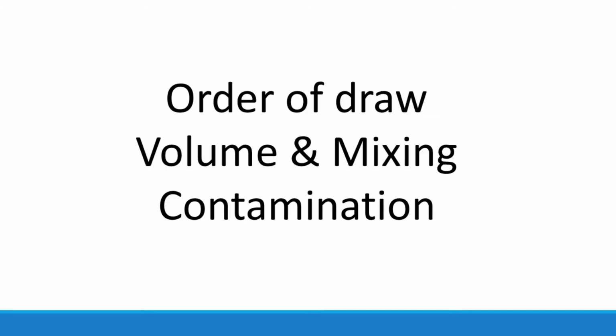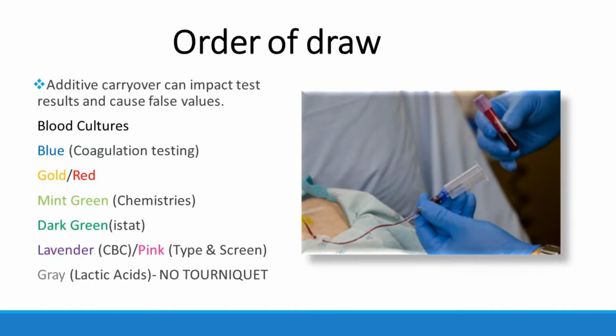So we'll go over order of draw, volume, mixing, and contamination. So there is an order of draw. Additive carryover can impact test results and cause false values. The order of draw is shown here. So for example, we don't want to draw a lavender, which contains potassium EDTA, before any chemistries.